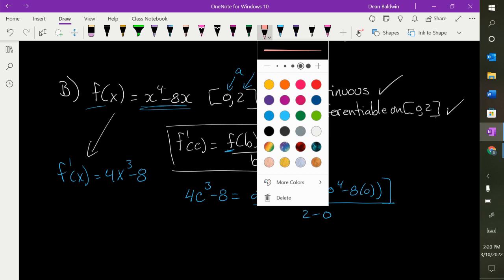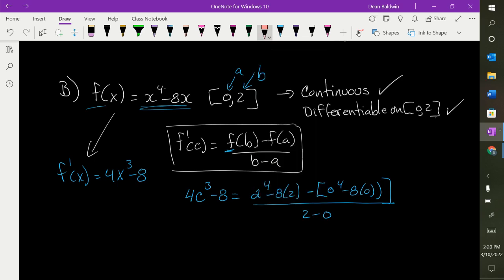So this all goes away because it's zeros. I have 4c cubed minus 8 is equal to 2 to the 4th, which is 16, minus 8 times 2, over 2.